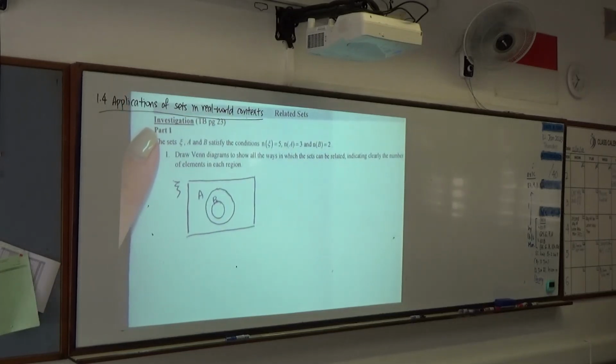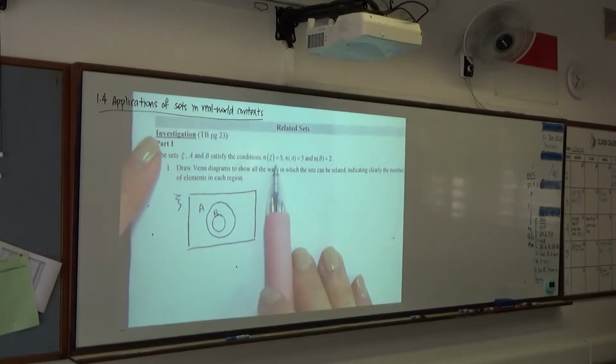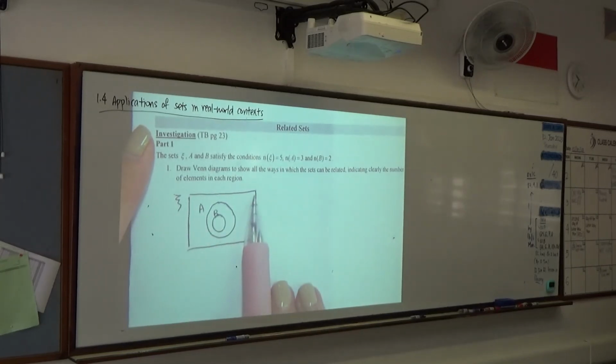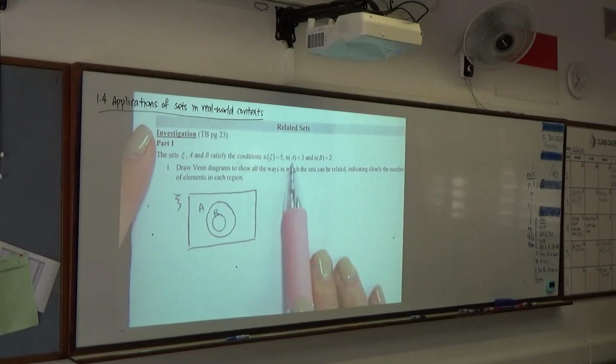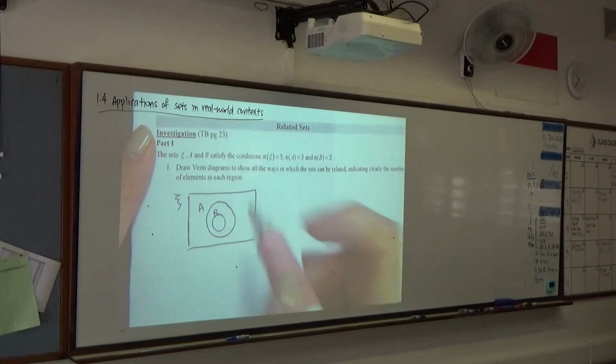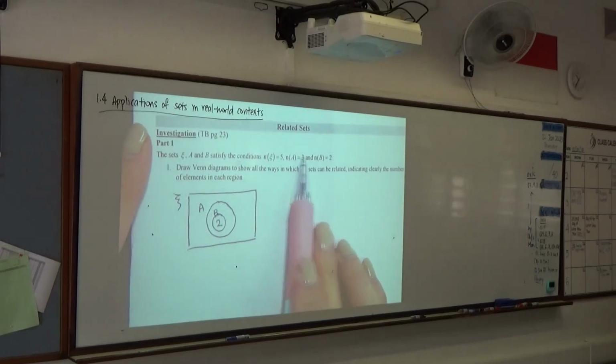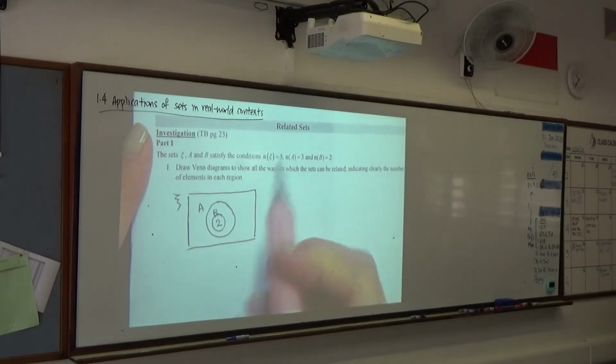How did they put in the numbers? It says that the number of elements in the universal set is 5. Number of elements in A is 3. Number of elements in B is 2. So actually it is possible that B is a proper subset of A. So we can have 2 over here. Then the additional 1 more out of the elements in A will be placed here.